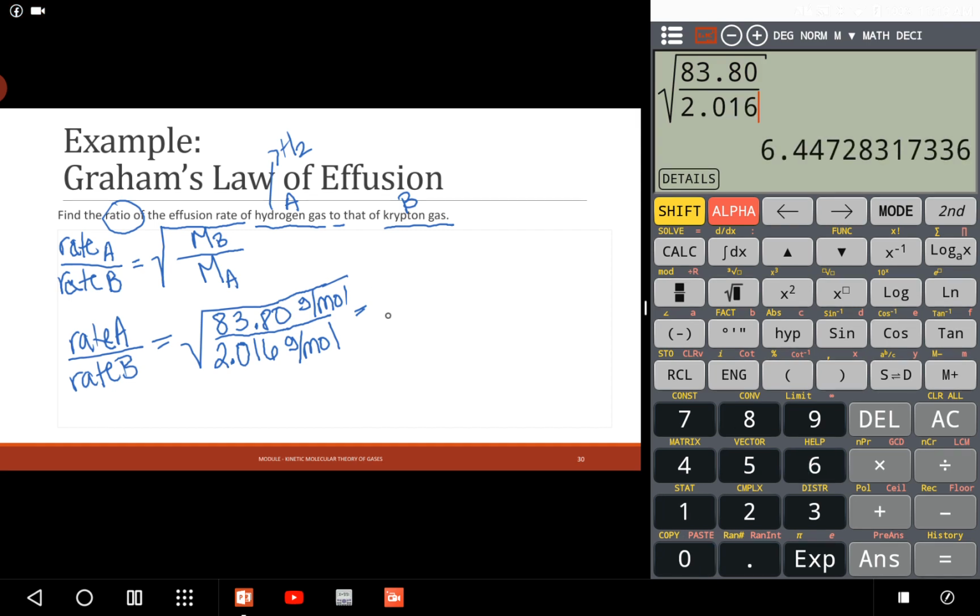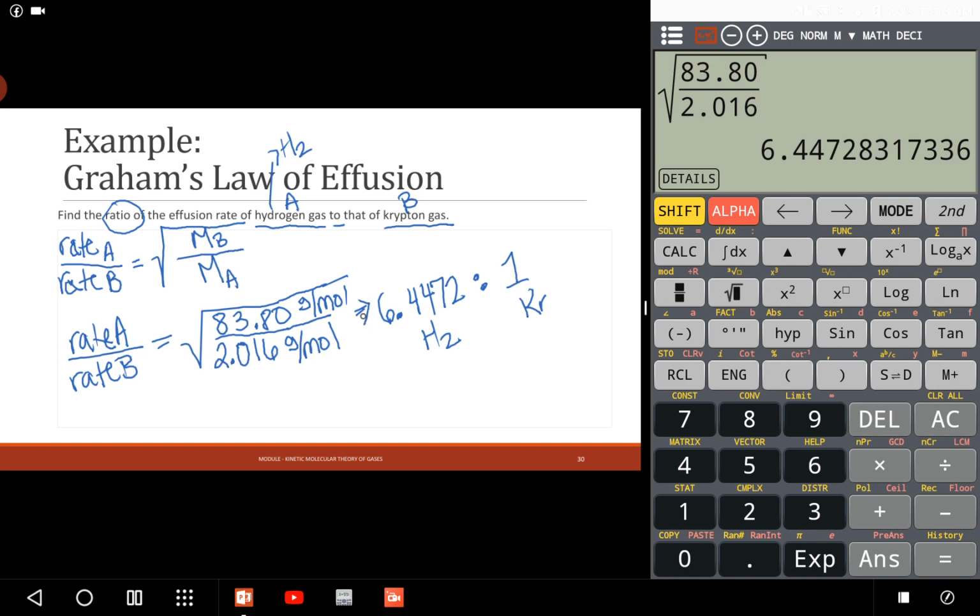And so that tells us we'll have 6.4472 hydrogen molecules effuse per every one krypton. Because 6.4472 divided by 1 is 1.